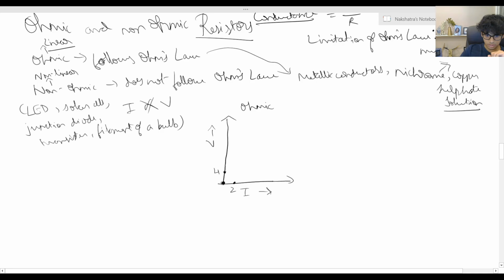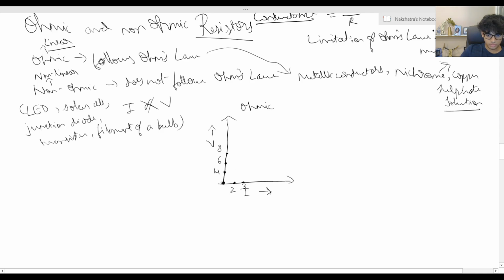Then I applied a voltage of 6 volts and I got a current of 3 ampere.